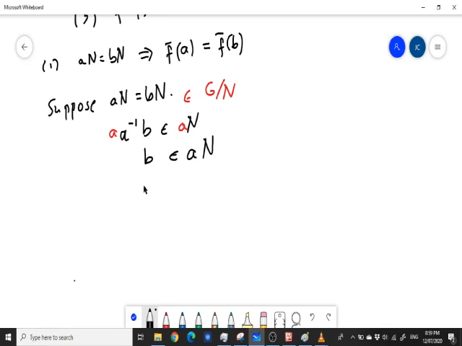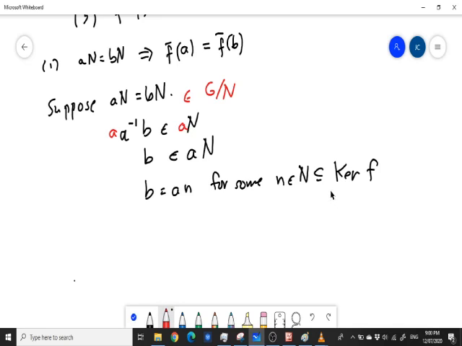If b is in aN, then b equals an for some n in N. But N is contained in the kernel of f, right? What does that mean, that N is contained in the kernel of f?